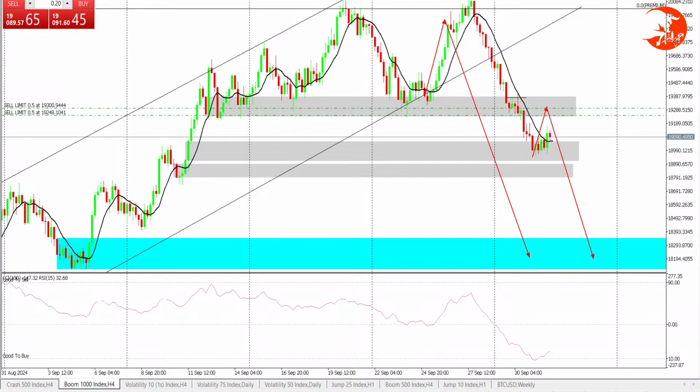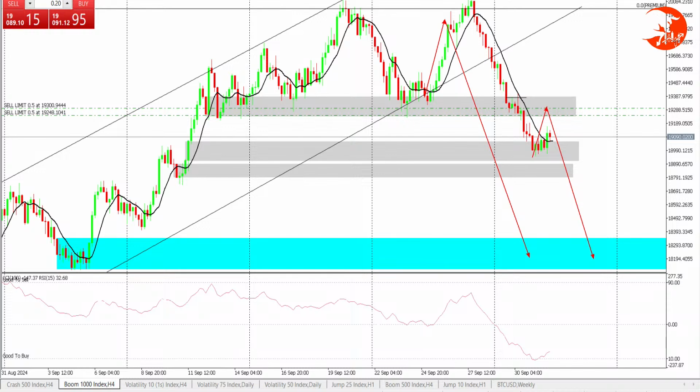All right, so Boom 1000. We are still waiting for this move. It's currently moving as planned. Those who remember yesterday, this is Boom 1000.